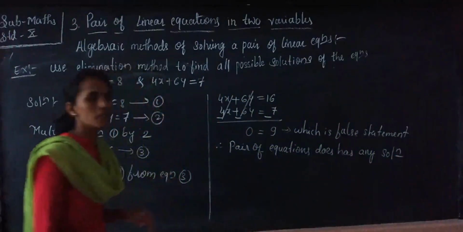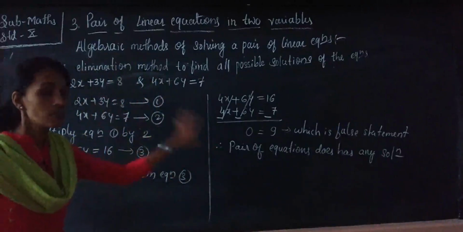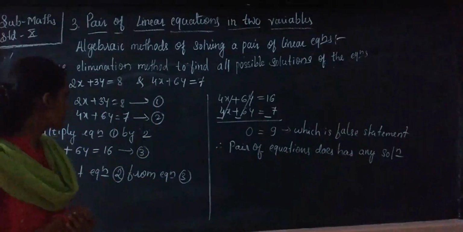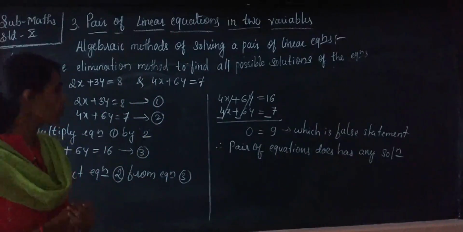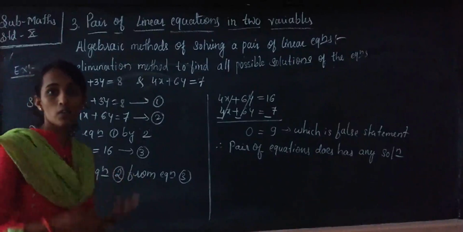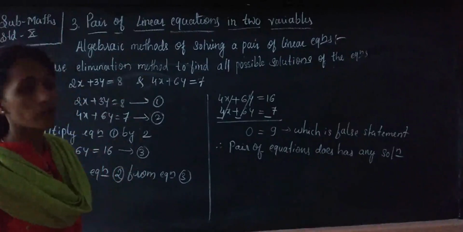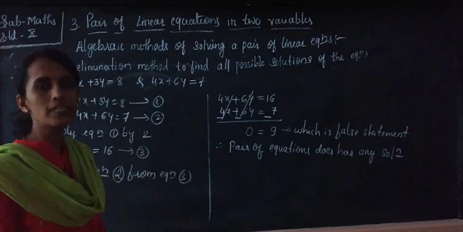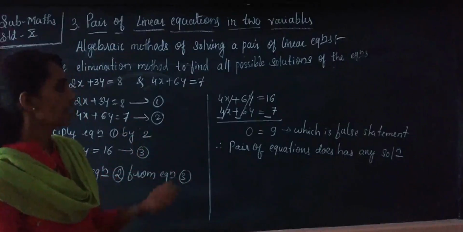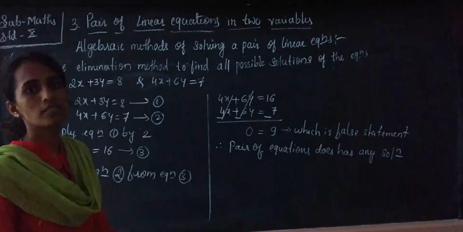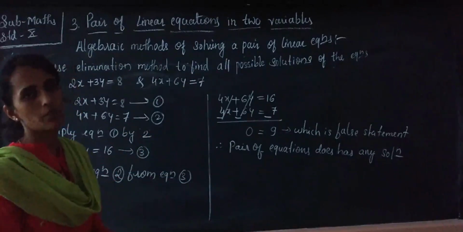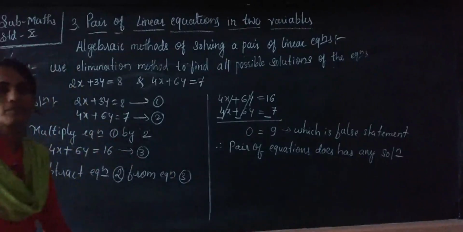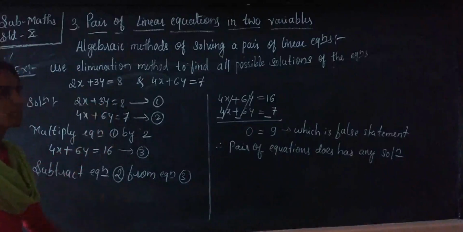These types of examples they will also ask in the exam to confuse you. If the x and y values are not left, where did we make a mistake? You start checking all the steps again. If they come once, check once. If not coming, you have to write that it is a false statement, then the pair of linear equations does not have any solution. Finally you have to write the conclusion at the end of the example.